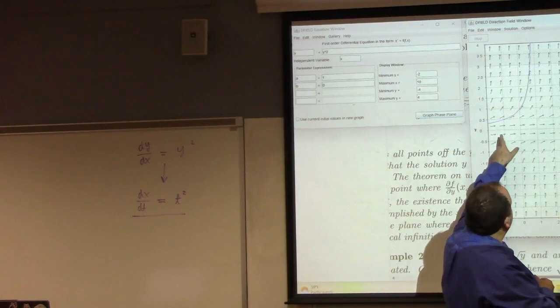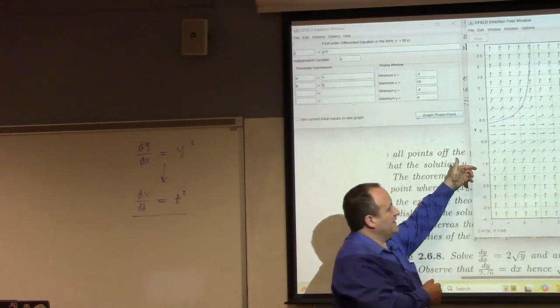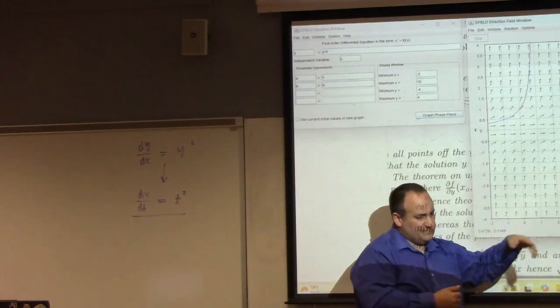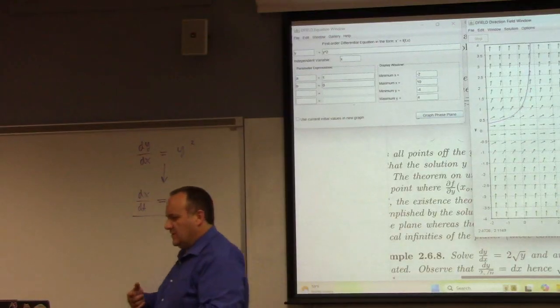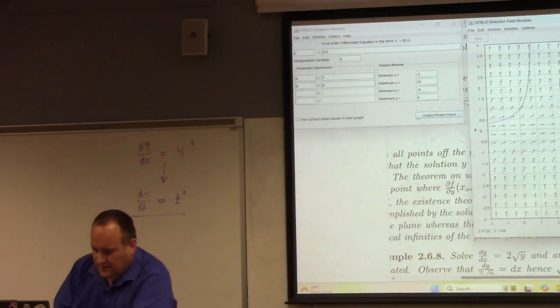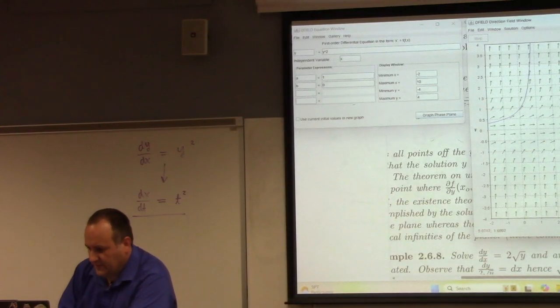So here we go. You can imagine making these little lines. The deal is they're all pointing to the right. If I click here, here are some solutions. See that? There's that y equals 0 right in the middle.